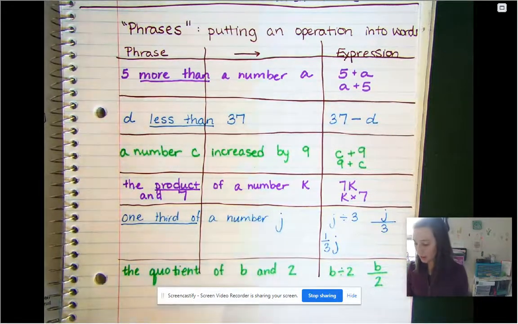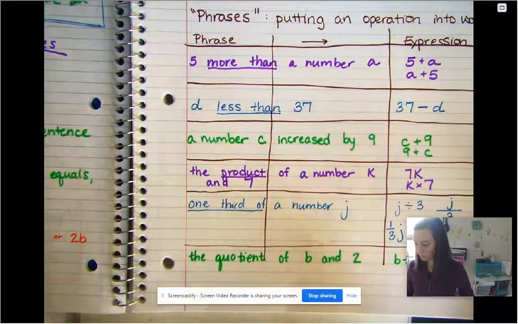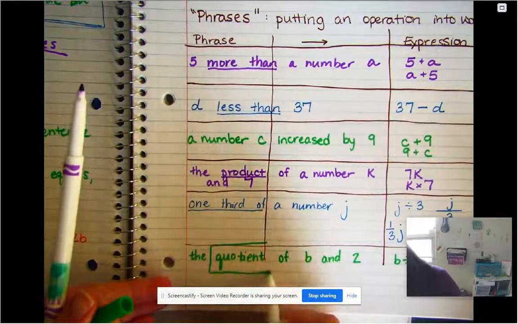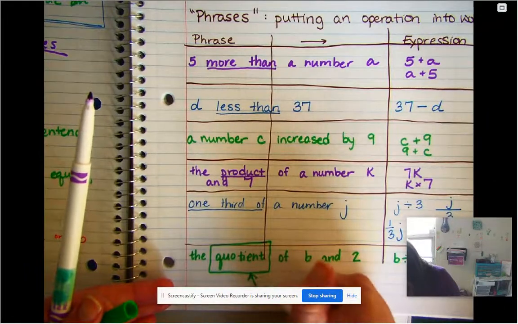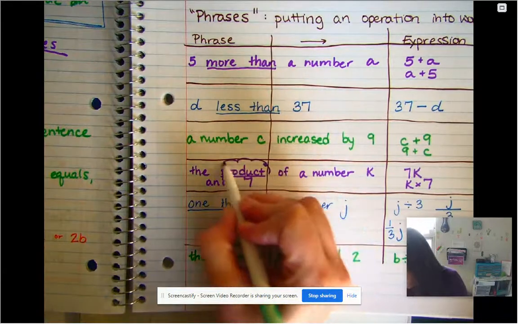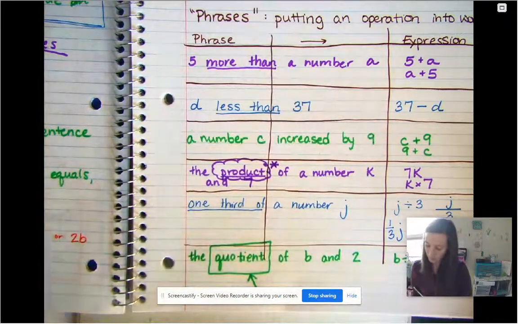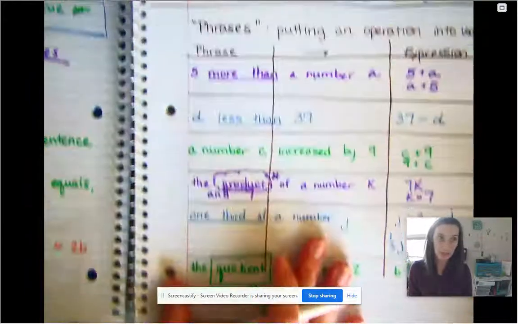I'm thinking right now that something we might need to do that we don't have a lot of room for. Maybe we can just make a key right here. So quotient means division. Product means multiplication. Adding, when the answer to an addition problem is the sum.